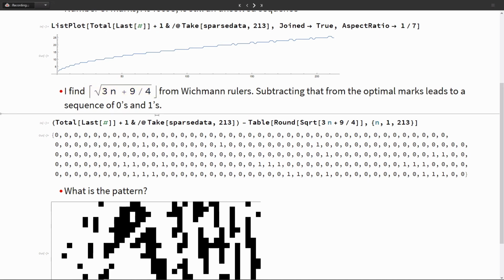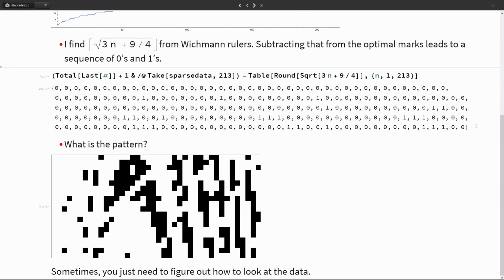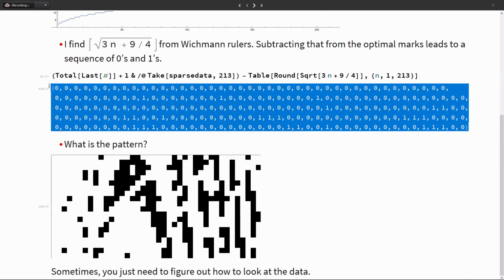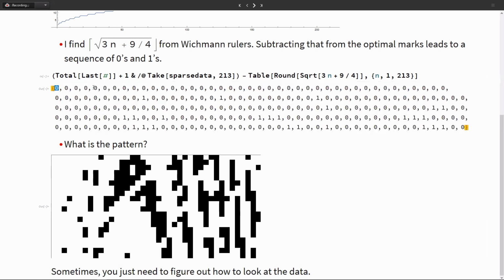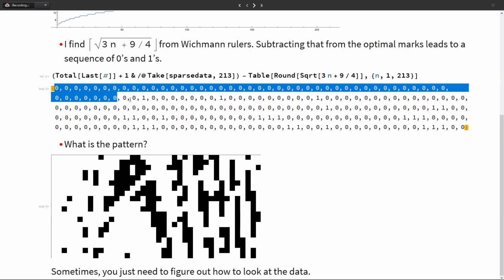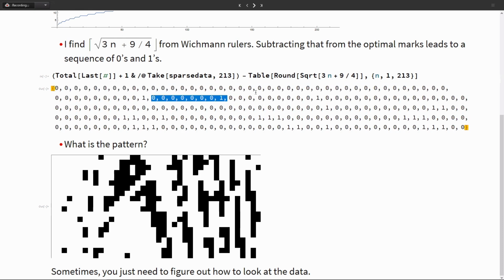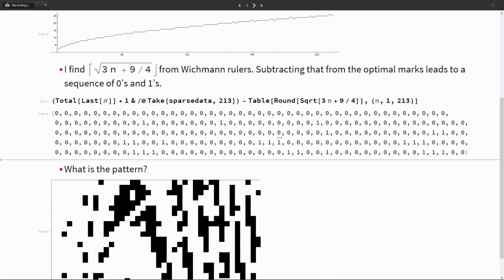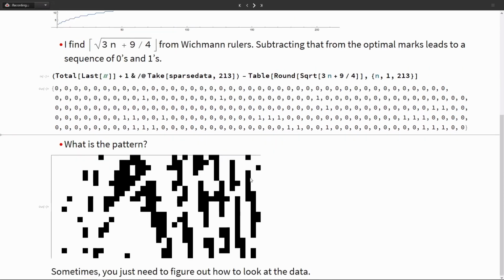And it seemed like we can boil down all the solutions that Robinson found into a series of zeros and ones using this formula. And there's the series here. You've got 50 zeros in a row, and then a 1, and then more zeros and a 1. And it was just a puzzling sequence.